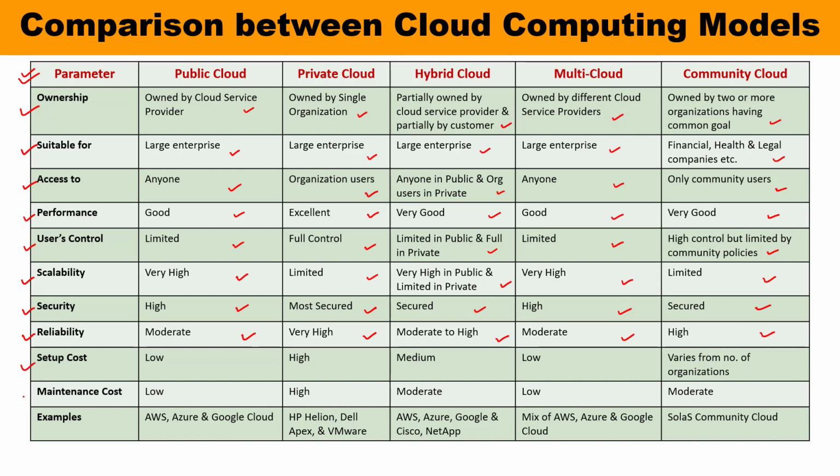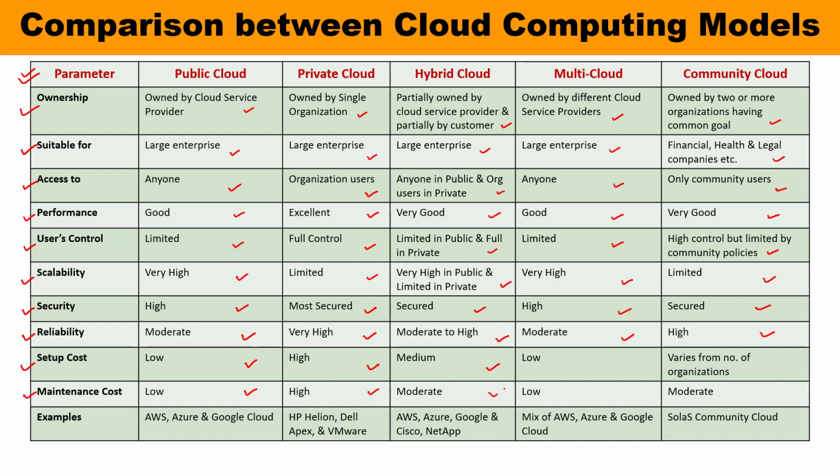Setup cost and maintenance cost is very low in case of public cloud because nothing is being invested by the clients in terms of hardware or anything. Maintenance is being done by the cloud service provider only. But in case of private, this is very high because that particular organization has to invest a lot for the setup and the maintenance.